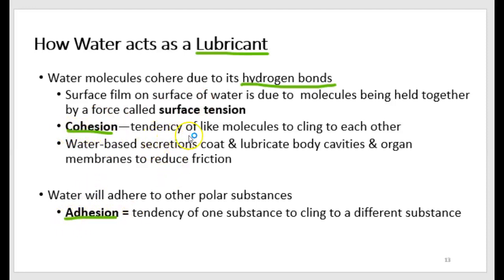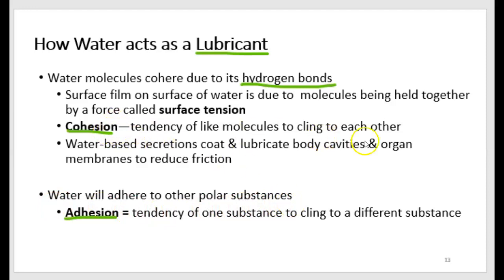So cohesion is the tendency of molecules that are alike to cling to each other. So for example, polar and polar. Adhesion is the tendency of one substance to cling to a different substance. So water will adhere to other polar substances.